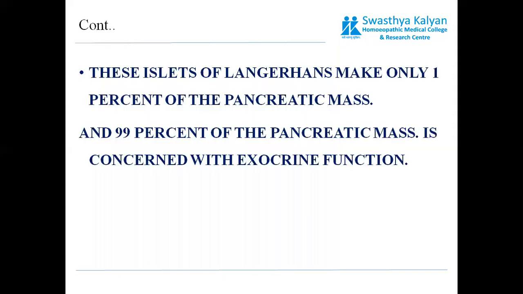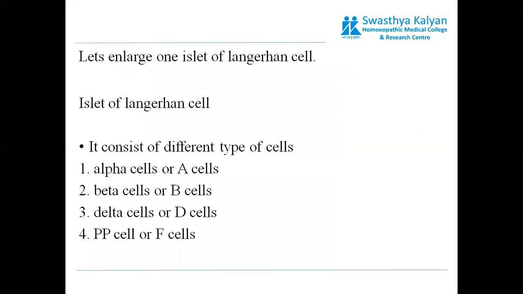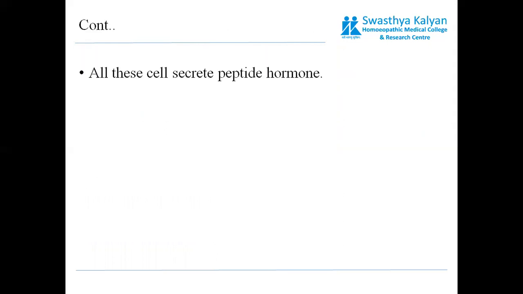Now, our question is, what kind of products are produced by the different cells? First of all, we'll talk about the beautiful ladies or the beta cells. Under what circumstances do beta cells become active and start producing their secretions?